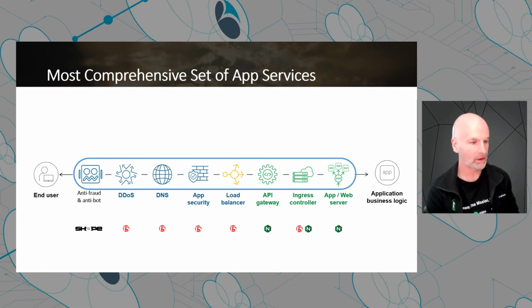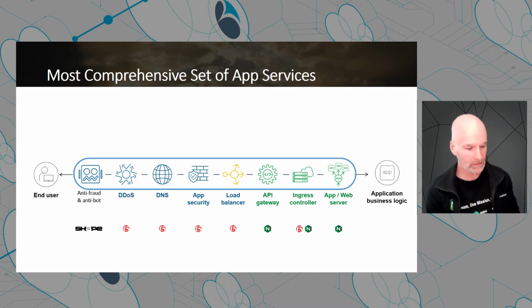So looking on the right-hand side there, you then maybe need an ingress controller, providing ingress and security into a cloud or container environment. Things like API gateway, providing control over your APIs, security for your APIs, rate limiting capabilities, developer portals, all of those kind of things.